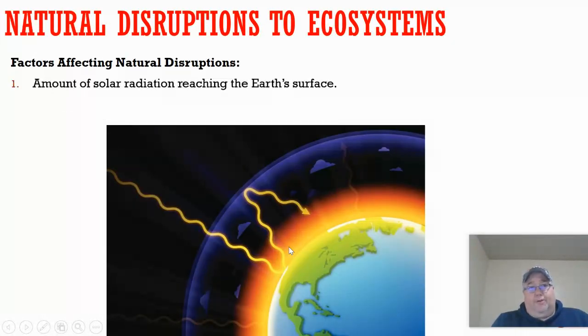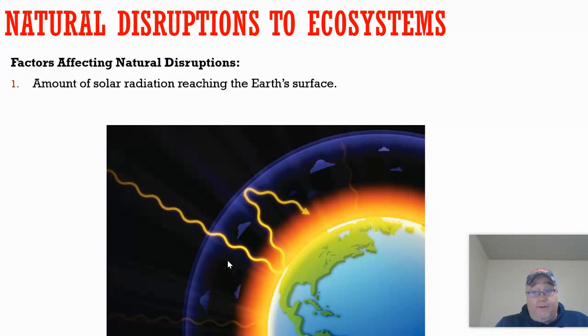Now, there are two general things that really affect these disruptions, as far as their magnitude and their impact. One of them is the amount of solar radiation that reaches the Earth. Depending on where you live on the planet, you get a different amount of solar radiation.